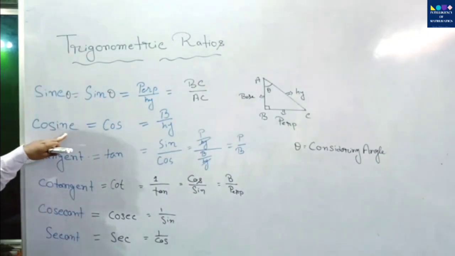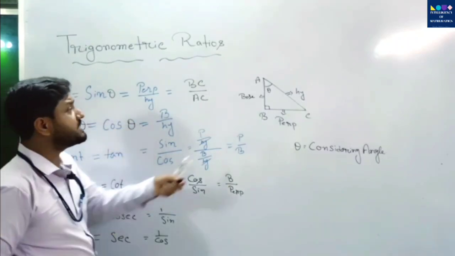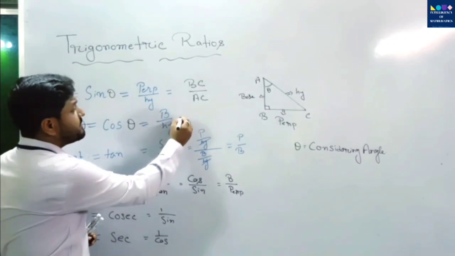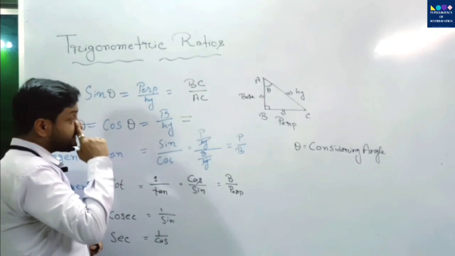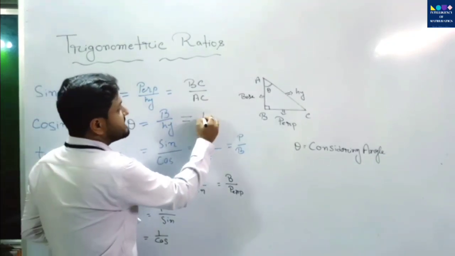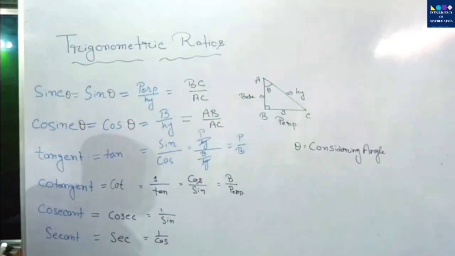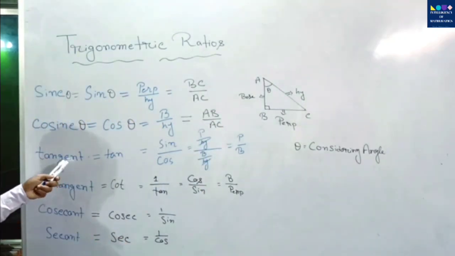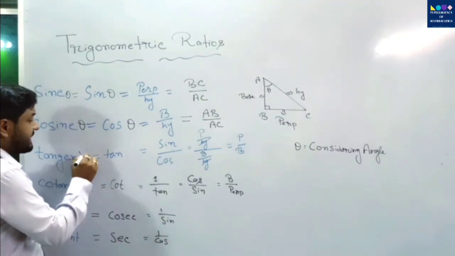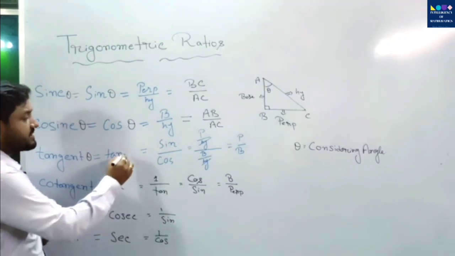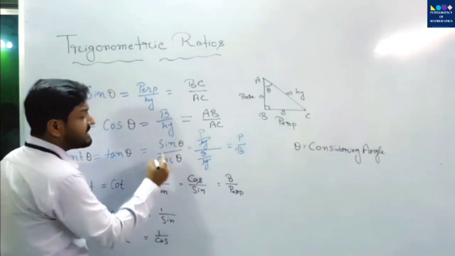If we write cosine, whose short form is cos, and apply theta here, then according to this considering angle the ratio is base by hypotenuse, which by the triangle's sides is AB by AC. In the same way, for tangent, the third ratio, whose short form is tan, it will be tan theta, and tan theta is the ratio of sine theta and cos theta.